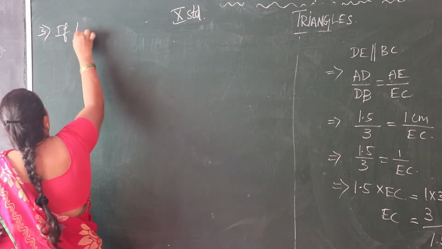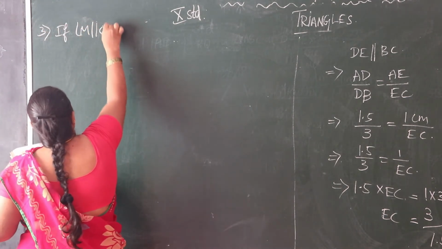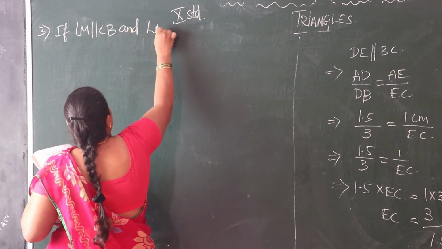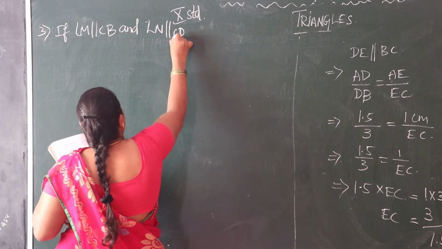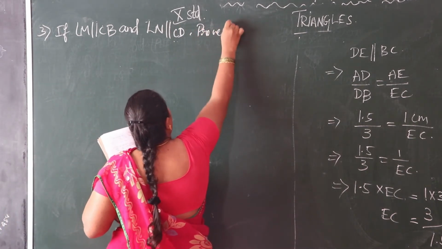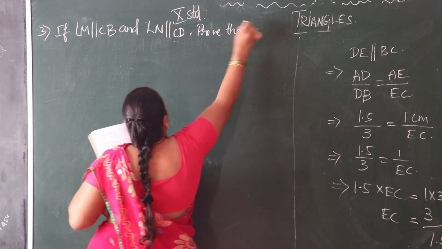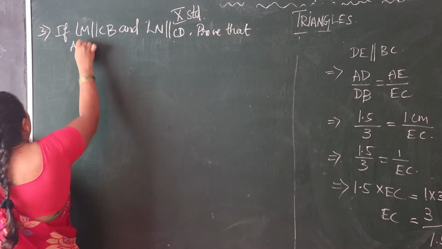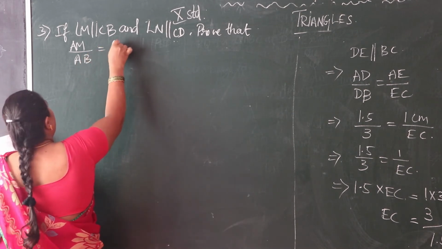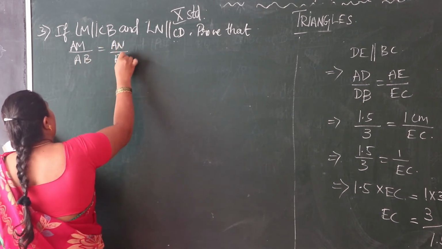If LM is parallel to CB and LN is parallel to CD, prove that AM by AB is equal to AN by AD.